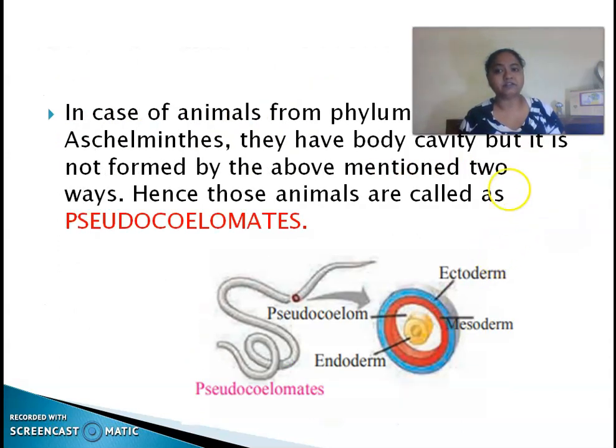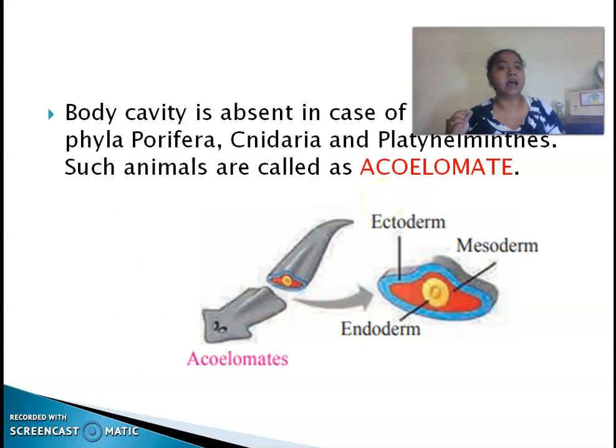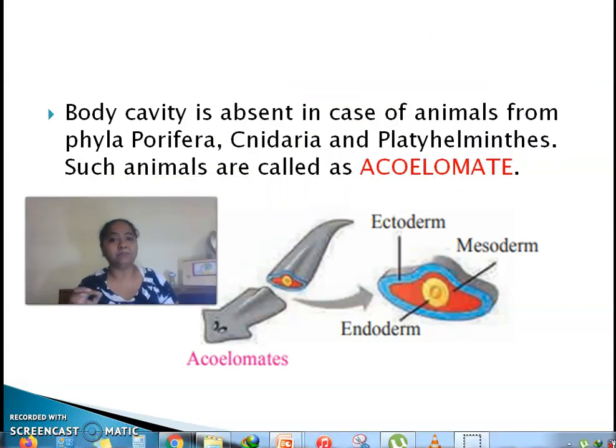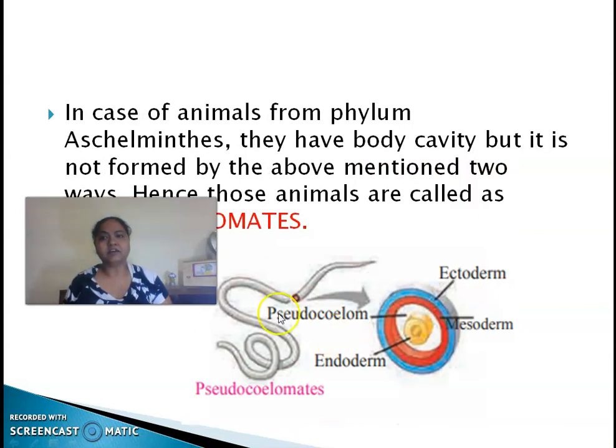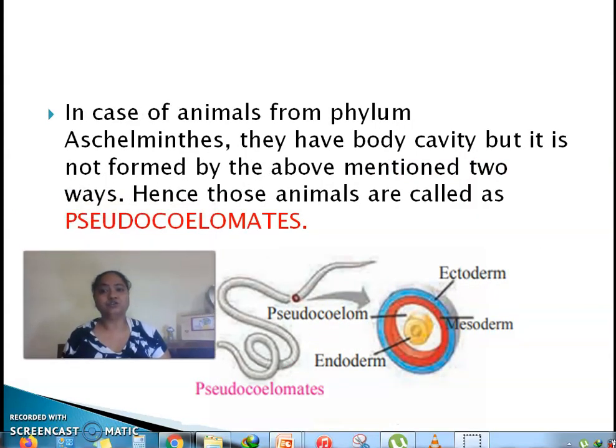The next is acoelomates. Body cavity is absent in case of such animals. For example, phylum Porifera, Cnidaria, Platyhelminthes. Such animals in which body cavity is absent are known as acoelomates. The next is pseudocoelomates.